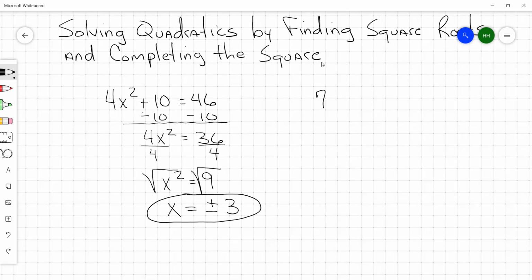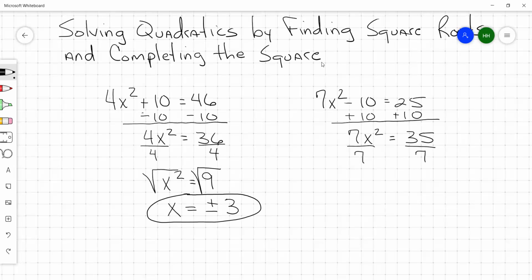If you get 7x squared minus 10 equal to 25, you add 10 to each side. We get 7x squared equals 35. If you divide both sides by 7 now, then x squared equals 35 over 7.